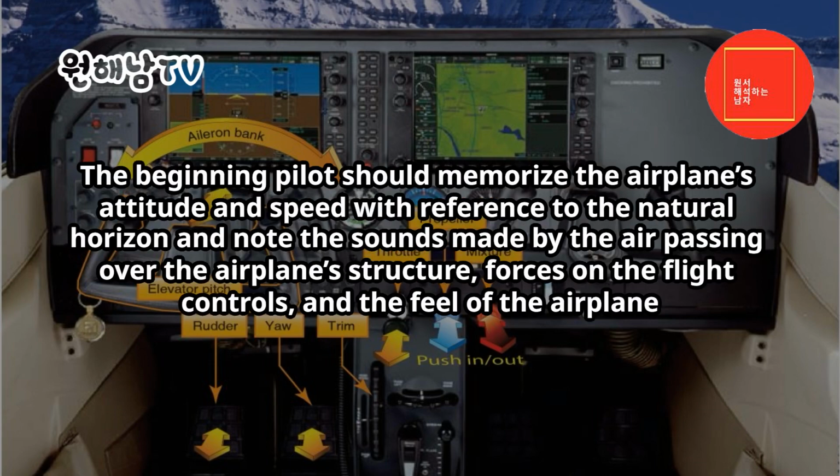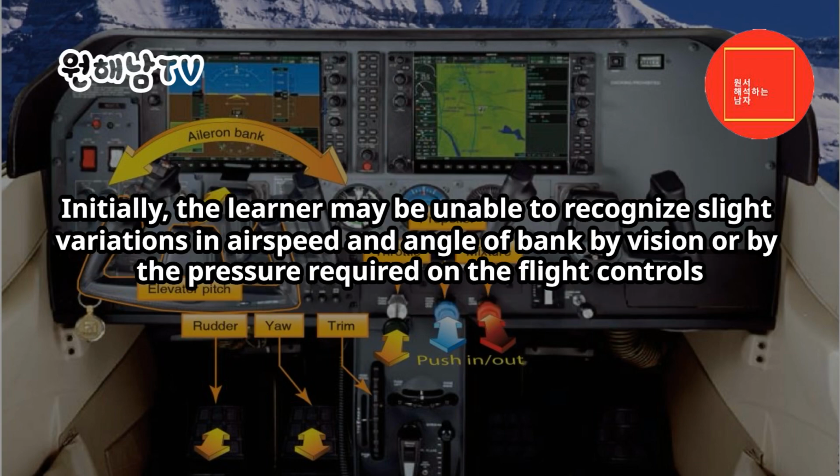The beginning pilot should memorize the airplane's attitude and speed with reference to the natural horizon, and note the sounds made by the air passing over the airplane structure, forces on the flight controls, and the feel of the airplane. Initially, the learner may be unable to recognize slight variations in airspeed and angle of bank by vision, or by the pressure required on the flight controls.